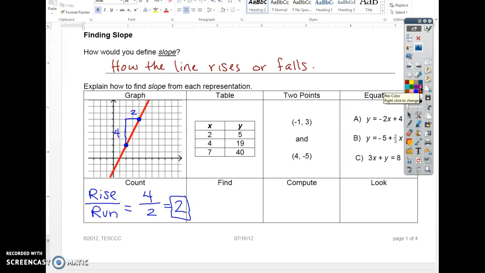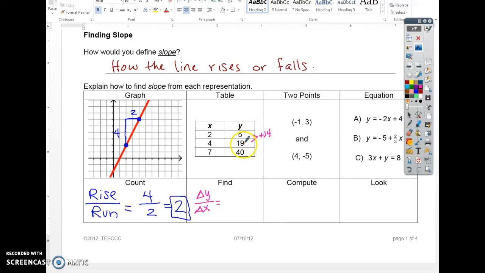From a table, I would just do the change of y, how much my y's are changing by, divided by the change of x, how much my x's are changing by. So from 5 to 19, how much did that change? It increases plus 14.